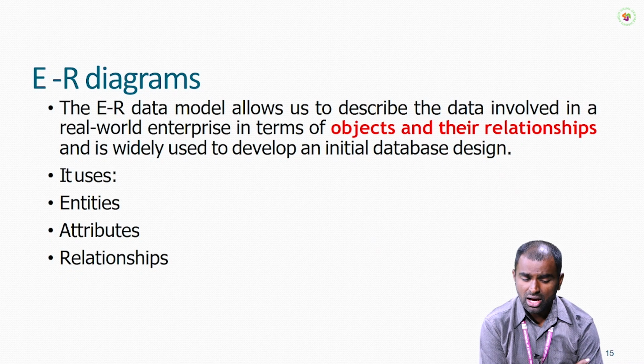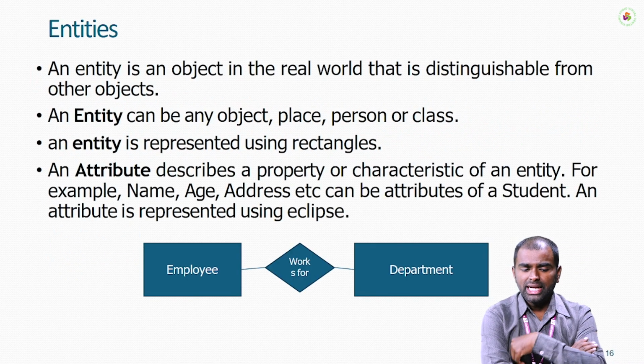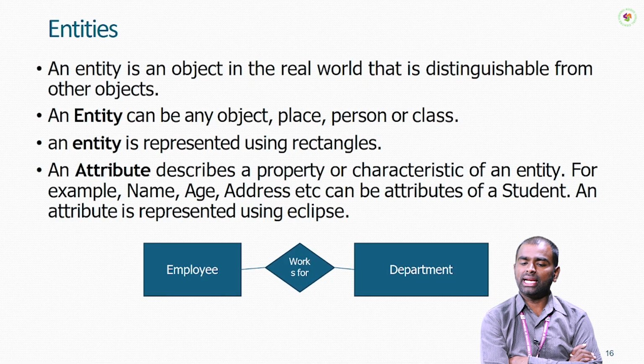These are different relationships. So what is an entity? An entity is an object in the real world that is distinguishable from other objects. An entity can be any object, place, person or class, anything. An entity is represented using a rectangle.